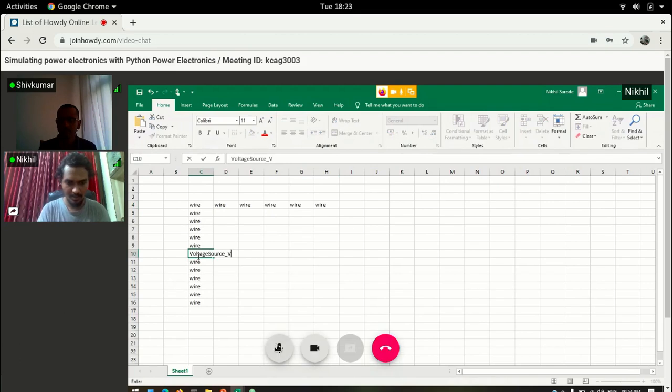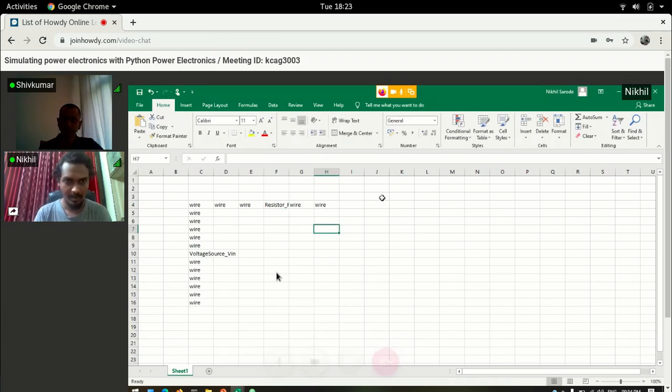First create a series path and put our controllable voltage source. The controllable voltage source will be the battery, and across that we will have the voltmeter.